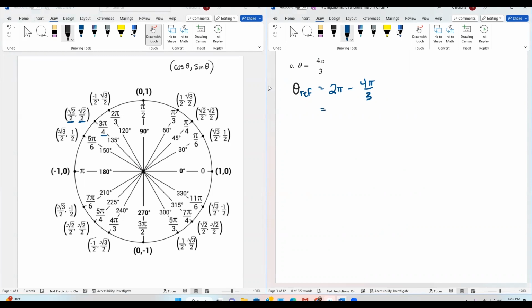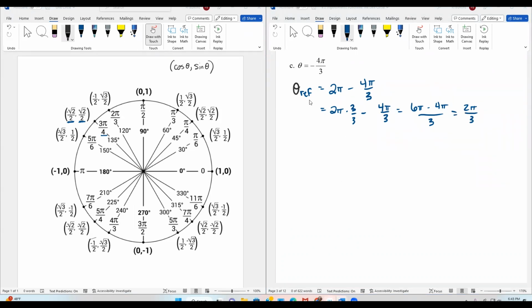I need to get a common denominator, so I multiply by 3 over 3. That gives me 6 pi minus 4 pi all over 3, and that's going to be 2 pi over 3.